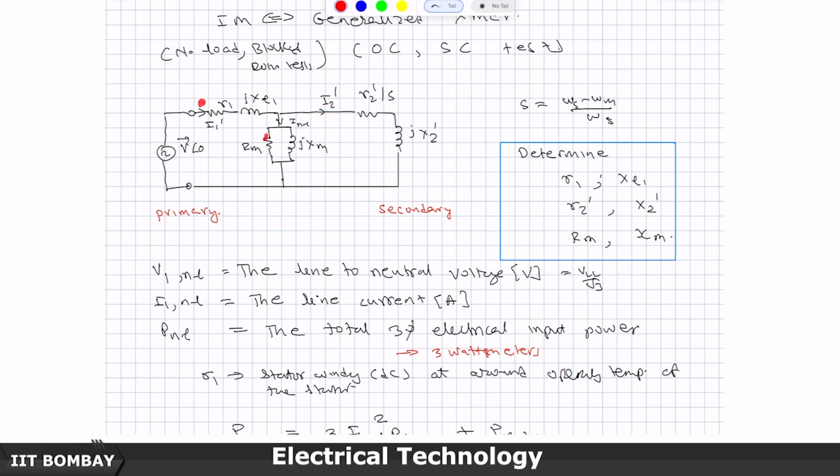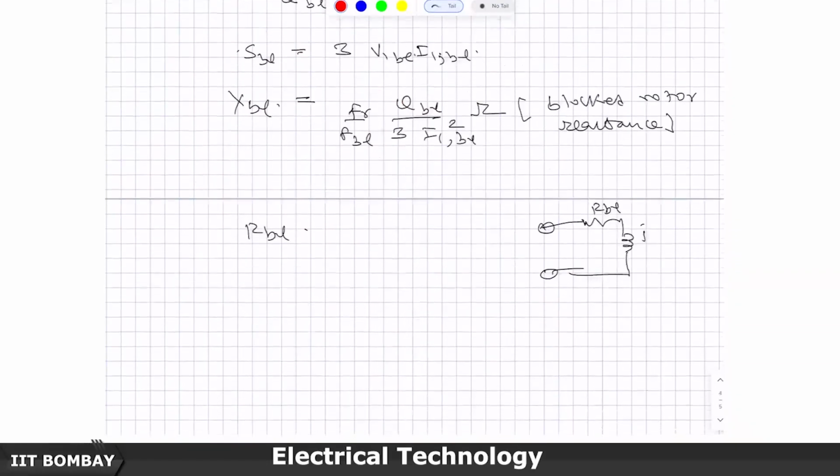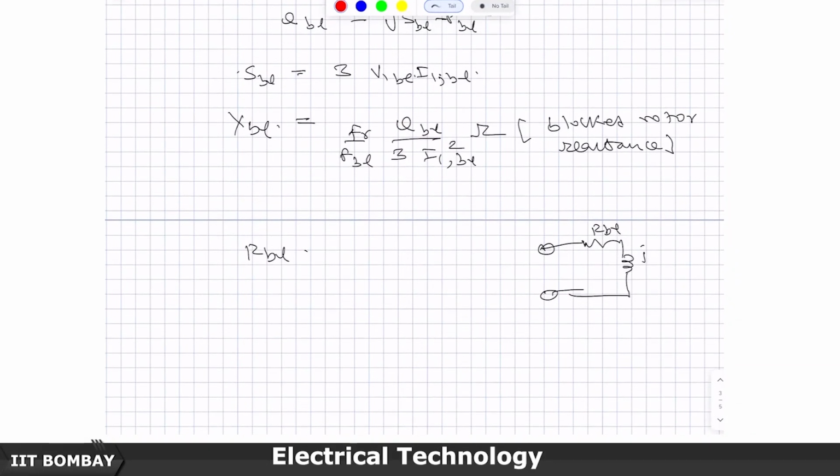The resistance part will add here, the reactance part will add here, and that sum total is coming out to us as this R and JXBL. And this JXBL we just discussed how to calculate.